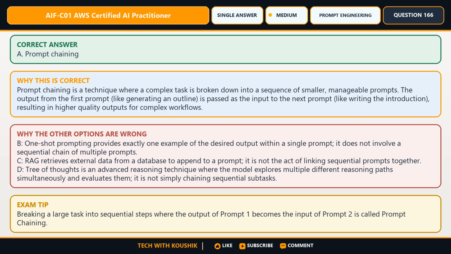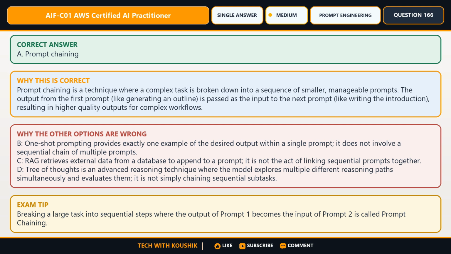Here is how to rule out the alternatives. B. One-shot prompting provides exactly one example of the desired output within a single prompt. It does not involve a sequential chain of multiple prompts. C. RAG retrieves external data from a database to append to a prompt. It is not the act of linking sequential prompts together.